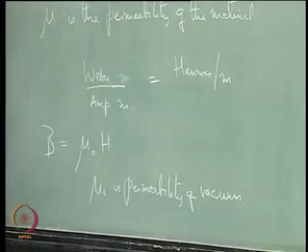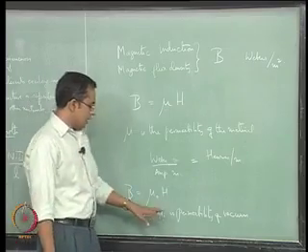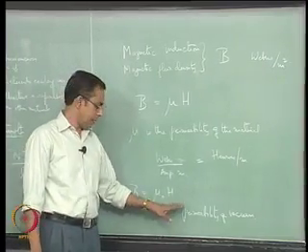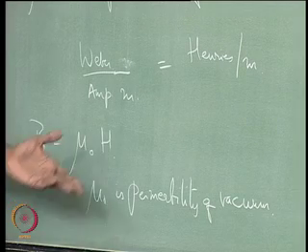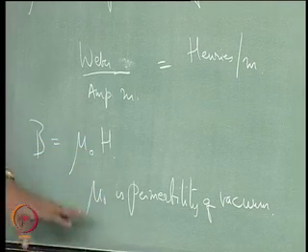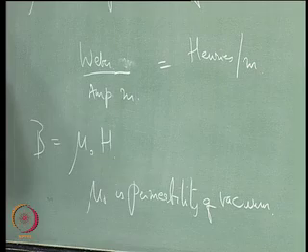You may think that that is a situation that may not be particularly useful for us, but in fact it is useful because it helps us understand how other materials are behaving relative to vacuum.